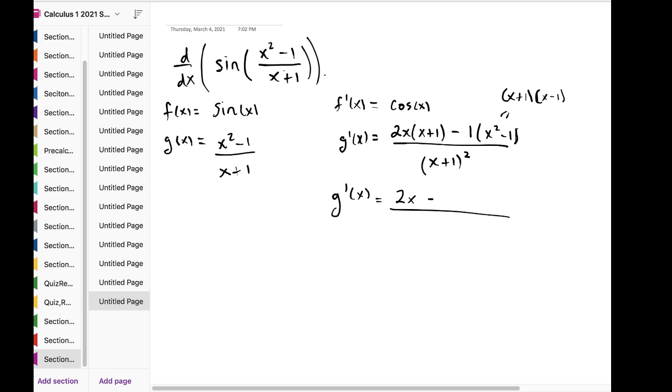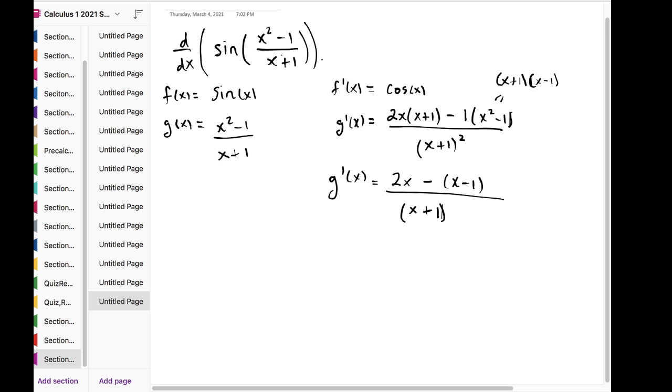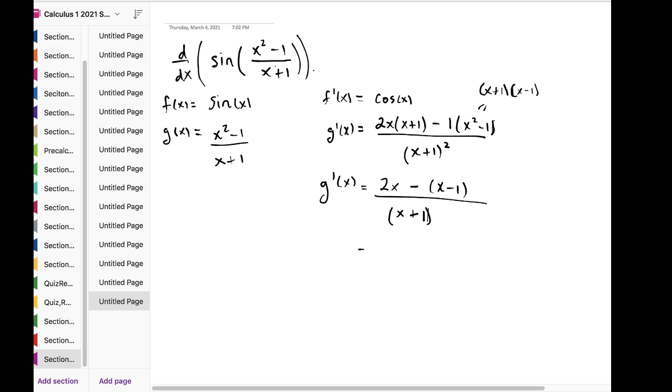Then this becomes x minus 1 and then x plus 1. Yeah, so this is x plus 1 over x plus 1 is 1. What happened? Should that happen?